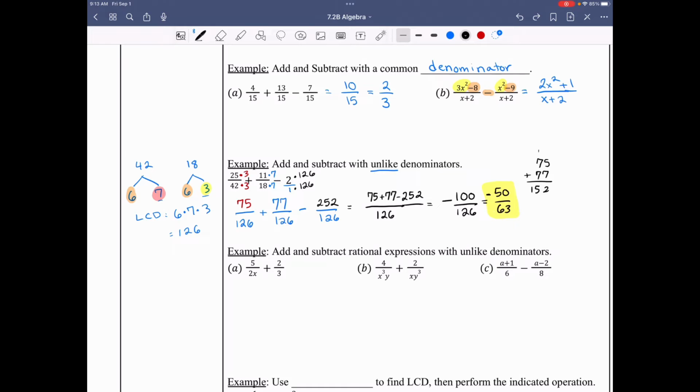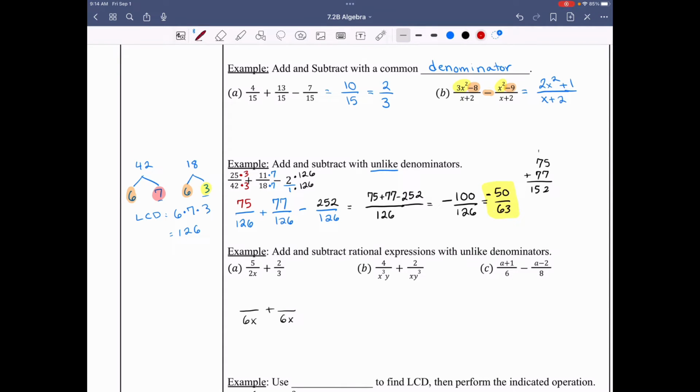In this example, we will add and subtract rational expressions with unlike denominators. And we also have variables. So what would we multiply if we have 2x and 3? What would our least common denominator be? I don't really have to do a tree for this. I can see it's going to be 6x.